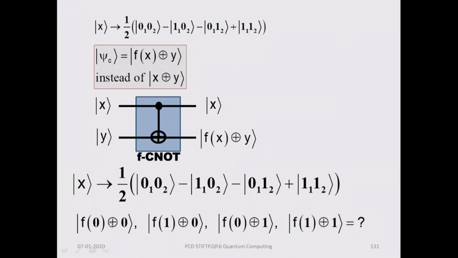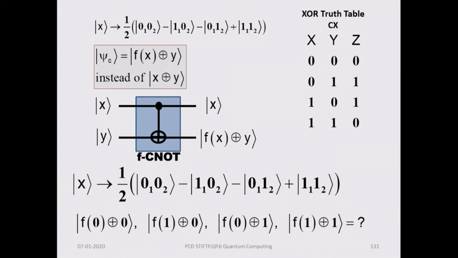So, this is f0 XOR y. That is what you will get for the first term. For the second term, you will have f(x), x is 1. So, this is f(1) XOR with y. What is y? y is 0. So, you will have f1 XOR y, okay, and similarly you have the other 2 terms.